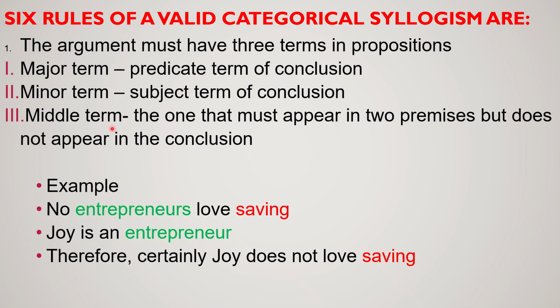Then we have the middle term. This is the one that appears in the 2 premises but does not appear in the conclusion. If you look keenly, the word entrepreneur appears twice, in the first premise and second premise, but there is no word entrepreneur in the conclusion. And this one now becomes the middle term. So that is the first rule, that we must have the 3 terms in the propositions.